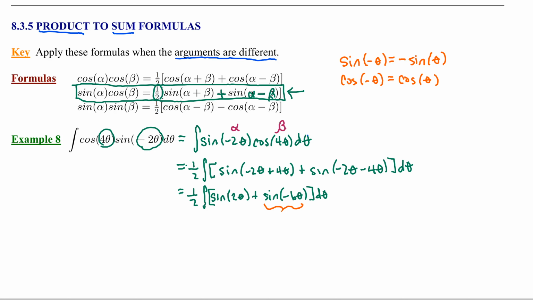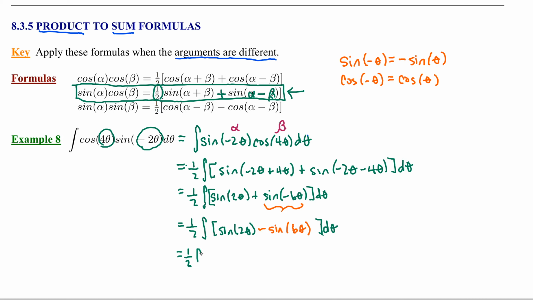Since sine is odd, we can extract a negative. So we have the integral of sine of 2 theta, let's rewrite it, minus sine of 6 theta. Now we can split this into 2 individual integrals, and that's really the point of the product to sum formulas.